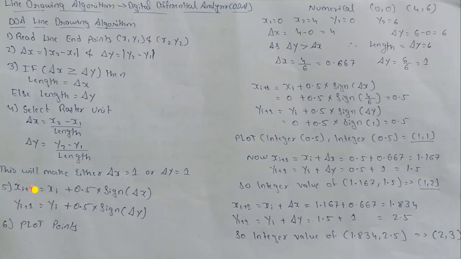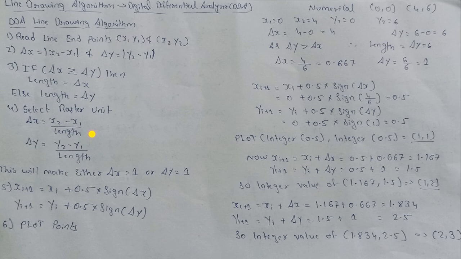So x_{i+1} equals x_i plus 0.5 into sine of delta x, and y_{i+1} similarly equals y_i plus 0.5 into sine of delta y. This 0.5 is the approximation. What is approximate? If a value is something like 0.5 to 0.9, we take it as 1.